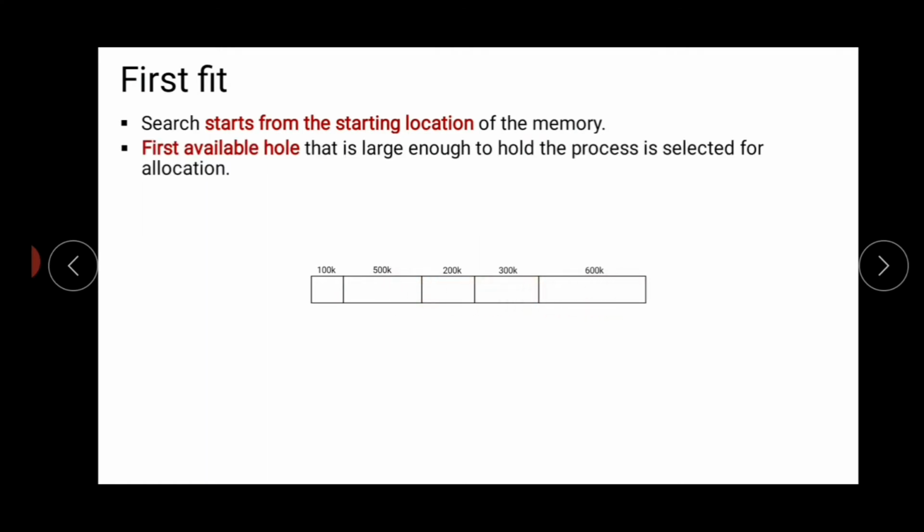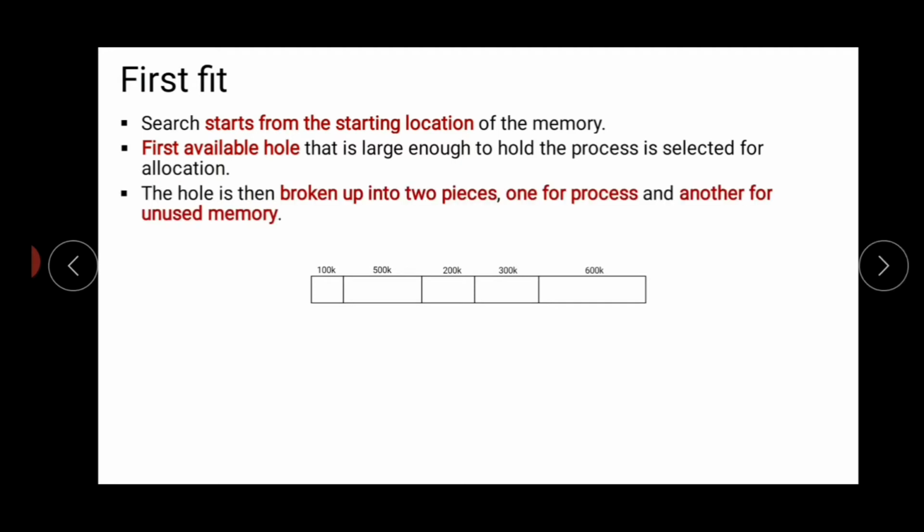The first available hole that is large enough to hold the process is selected for allocation. Whenever your process finds a block which has enough capacity to store it, that block will be allocated to your process.